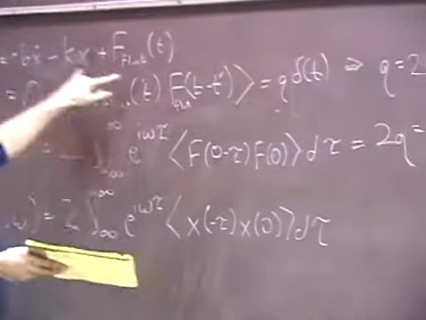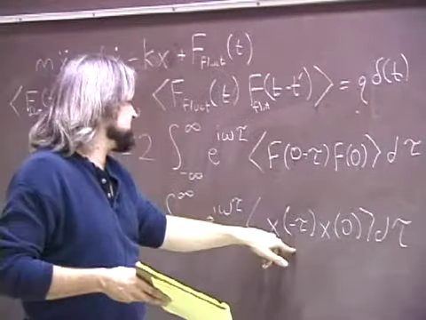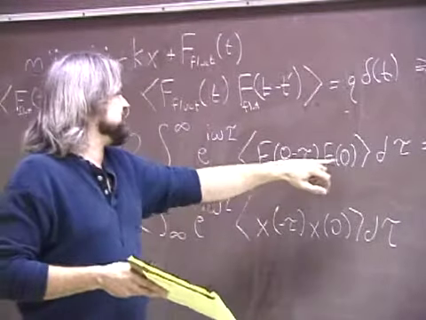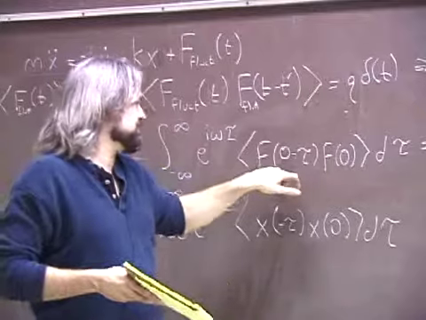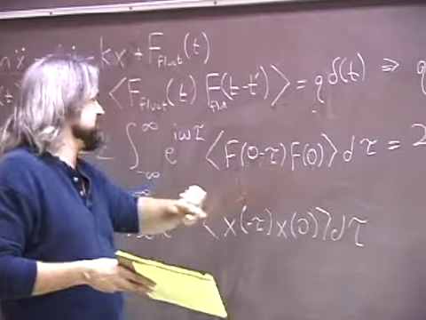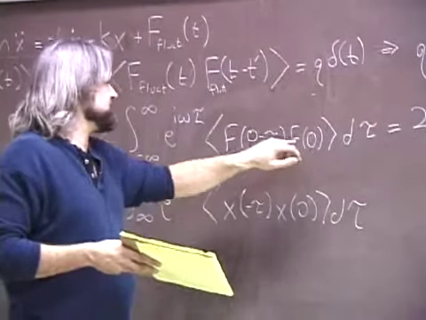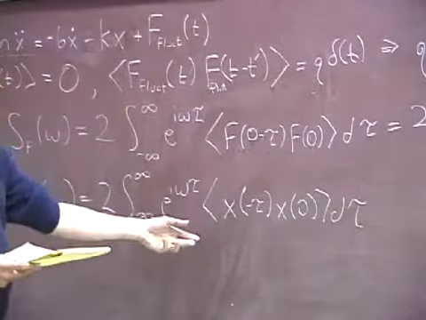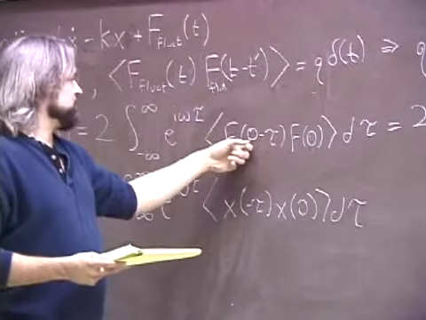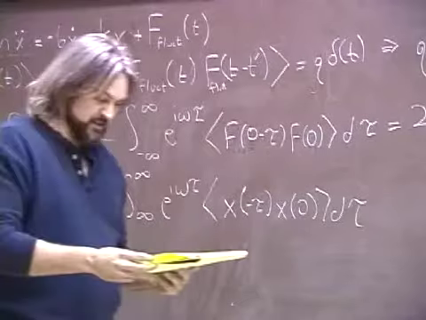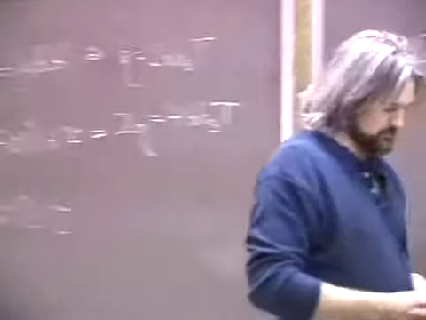Take the force at 0, equate it to this equation of motion. We get terms in here that are proportional to x at tau times x dot, the first derivative of x at tau times x, the second derivative of x at tau times x, and so on and so forth. Solve for all of these different two-time correlation functions in terms of this one and finally get an answer out. It's a lot of work, but you can get the answer out.